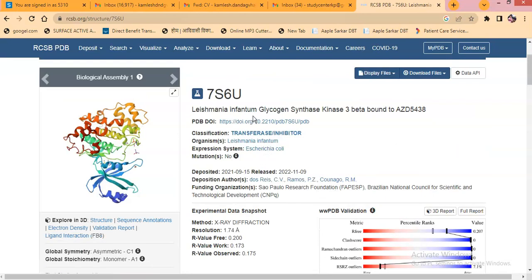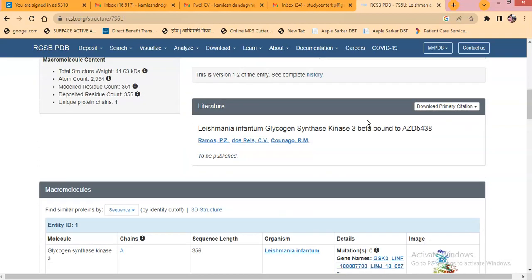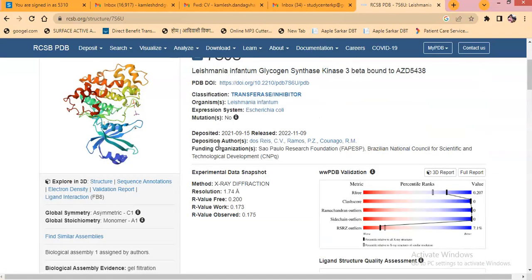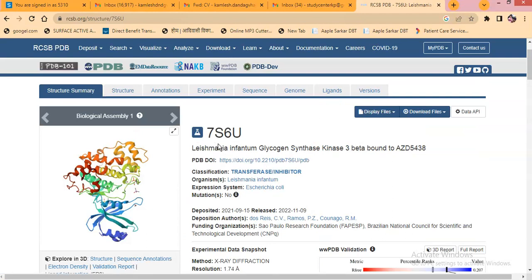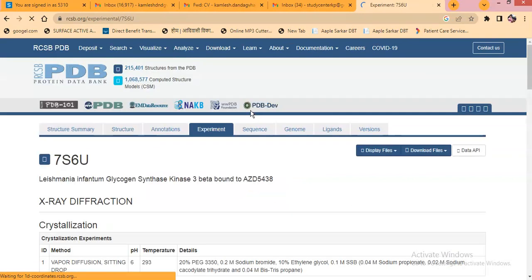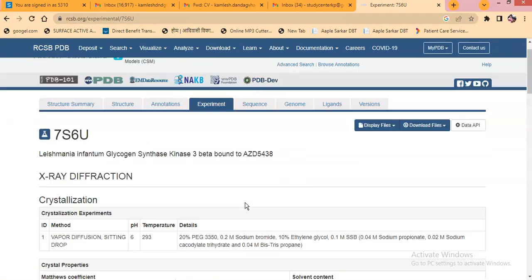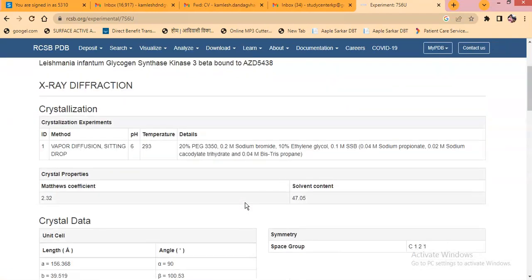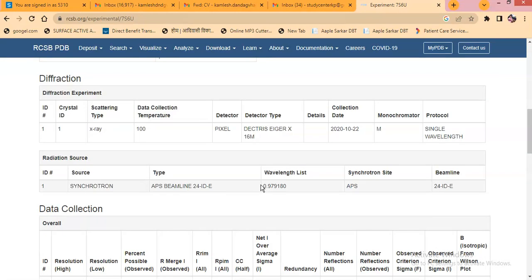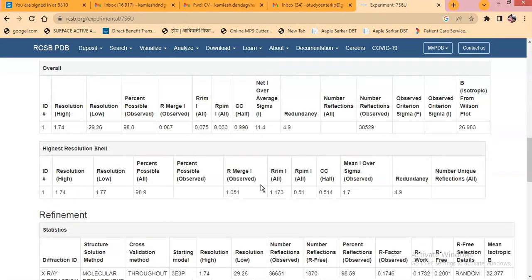One more technique to check the quality of the protein is the study of the Ramachandran plot. We will have a look at the Ramachandran plot study, but before proceeding to it, let us see certain data mentioned in this PDB.